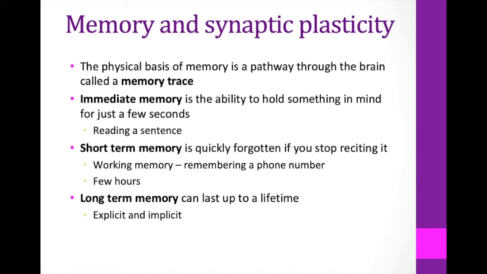So our brain and our nerves are obviously involved in memory. But memory doesn't have a specific place where it's stored. Memory is a physical pathway through the brain. Think about muscle memory. Muscle memory is when you've done an action so many times that you don't think about it anymore.